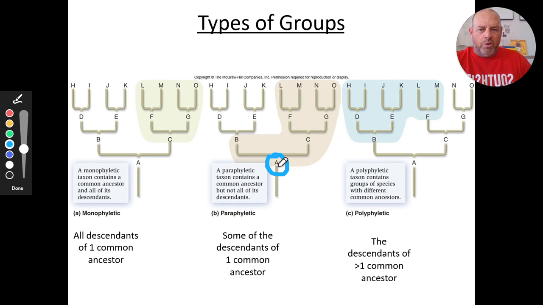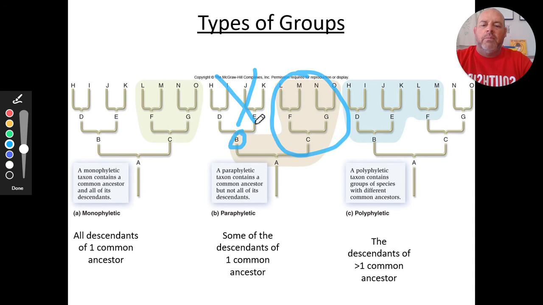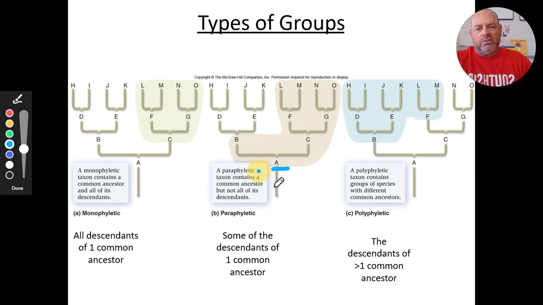Well, A is the common ancestor again, but we're only looking at some of the descendants. We're looking at all of them over here since we included B, but we're not looking at these because it wasn't highlighted, so we're only looking at some of the descendants from A. And so that's why it's called paraphyletic.